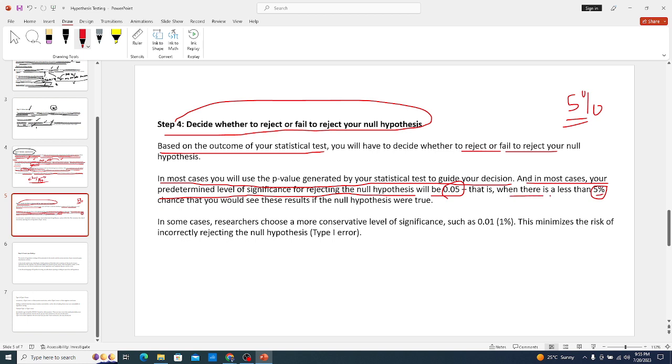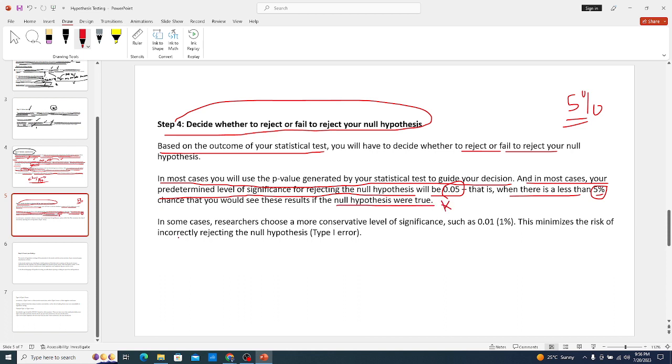So if our p-value is less than 5%, then we say that the null hypothesis will be true.